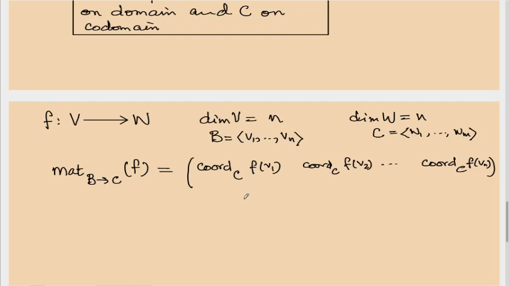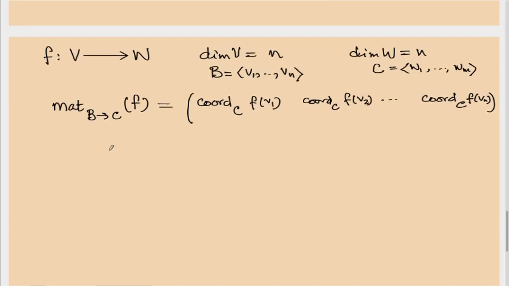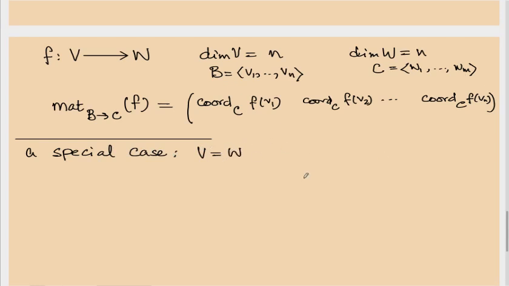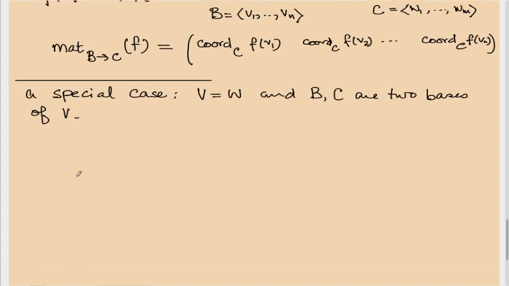Okay? So that's the whole story. Now a particular case, a very special case, is when V and W are the same vector space, and B and C are two bases of V. This is often called the change of basis.